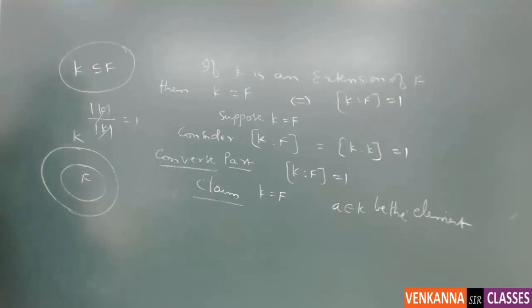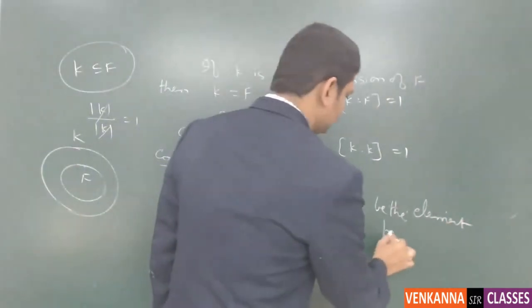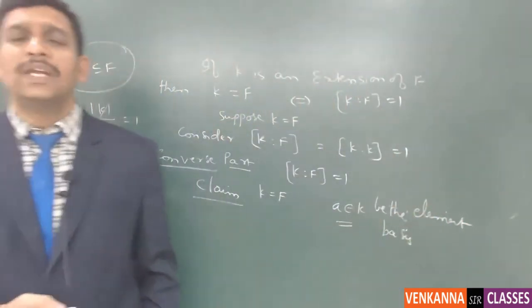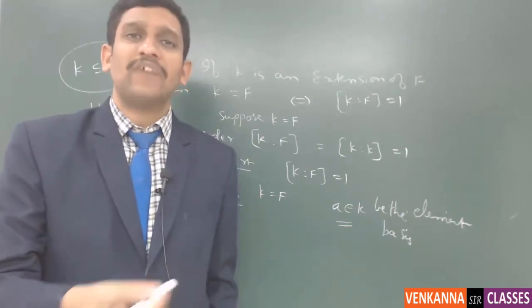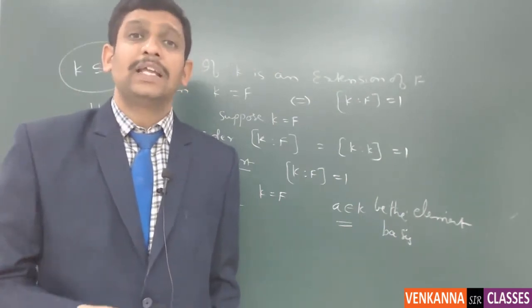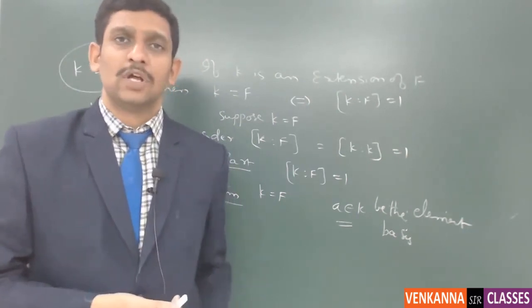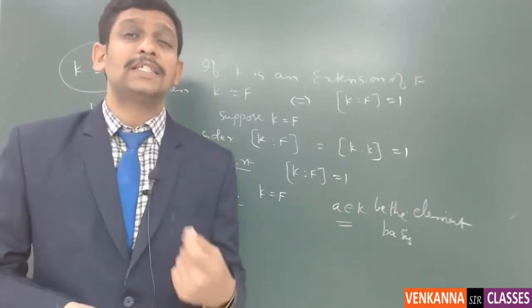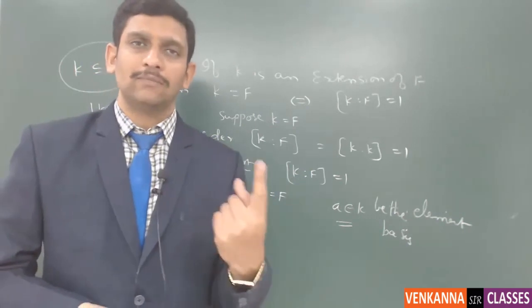Now, as we have known that this is the basis, what does it mean? Whatever element you take in the vector space can be written as a linear combination of the basis. So, the field K itself contains the multiplicative identity 1.